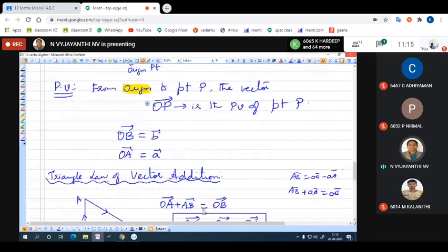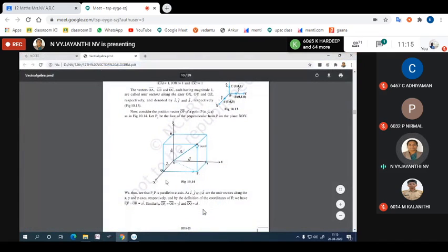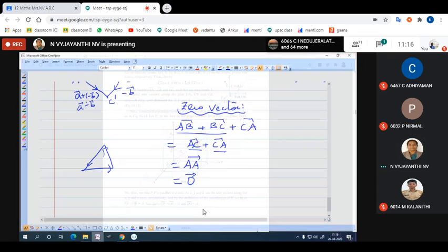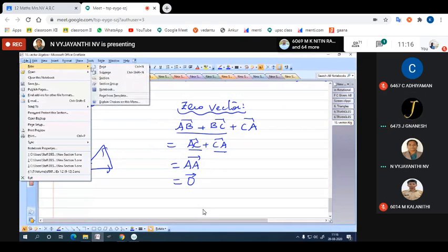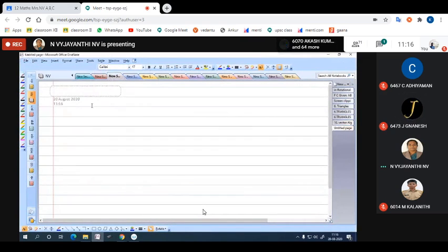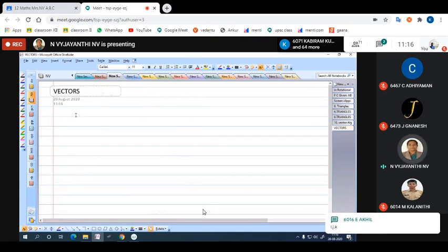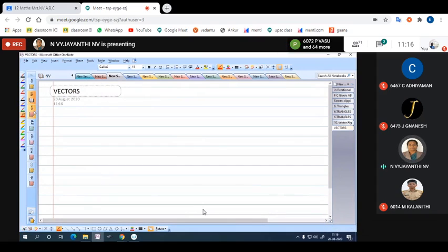Tell me how to write a vector in component form. I, j, k. Component form of vectors.